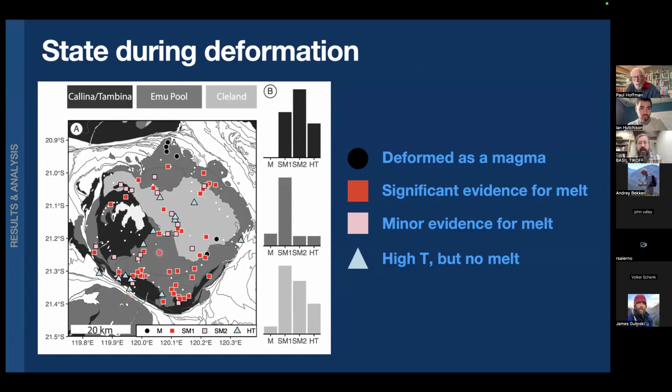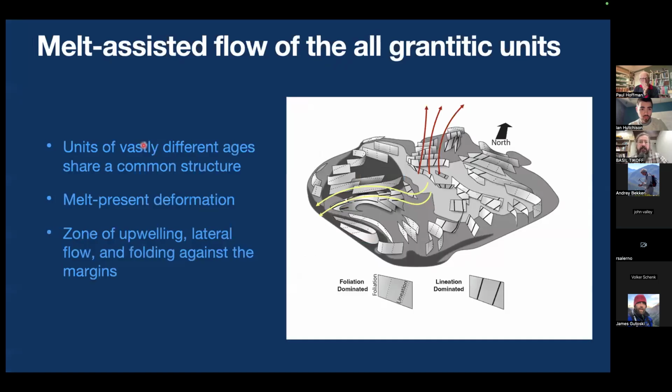They're all, you see high temperature deformation in all of these units, and you also see melt in all of these units. The one interesting thing is in the Emu Pool in the north, we see it deformed as a magma with no overprint in this little prong, and it could be that that prong is unaffected by later deformation. Anyway, so that's the pattern.